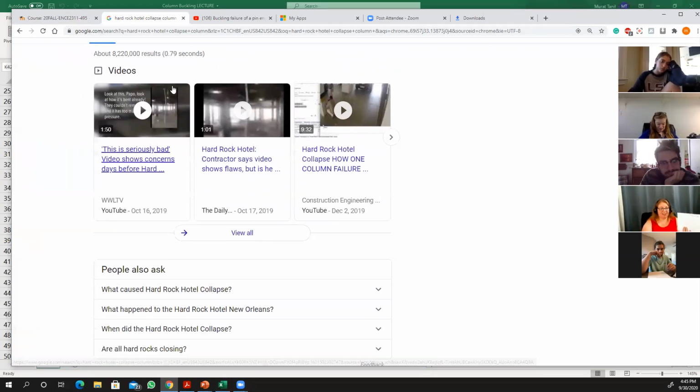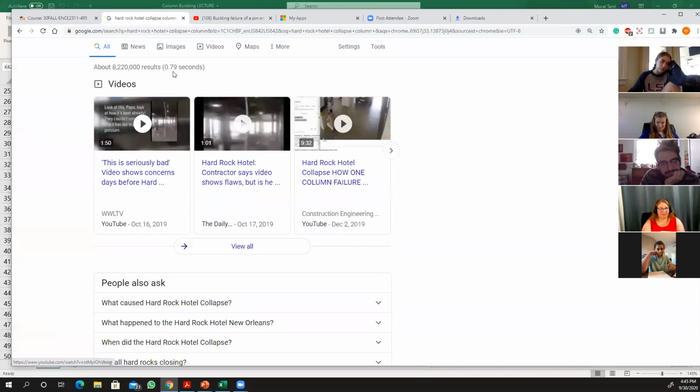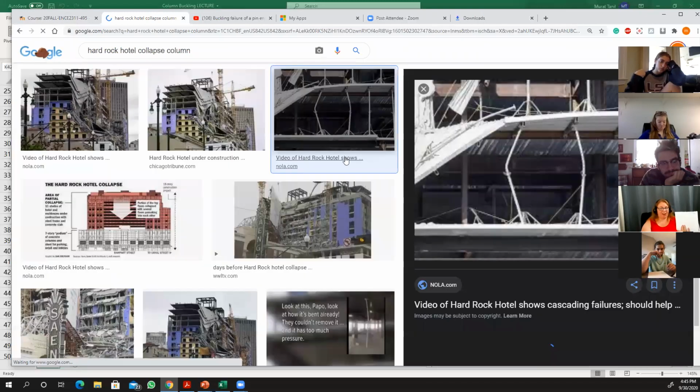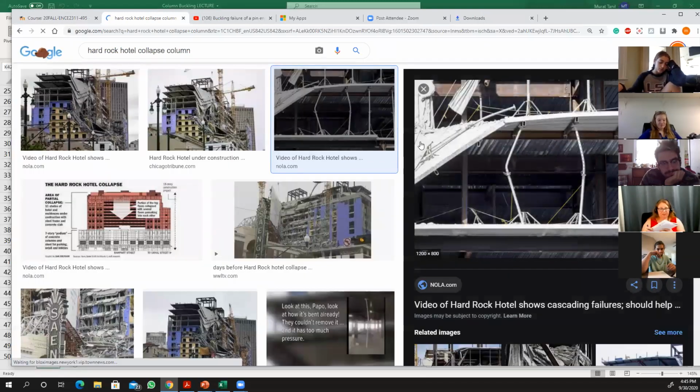They had the temporary supports, right? Let's look at the images. They had them, but they didn't have enough of them. Okay, look at this. What do you see? This is buckled, right? What did I tell you, Tim? If your column is this way, you already failed. And let's say you are the engineer. If I were you, I would take the first flight out of New Orleans, go to Europe, find a good place to live, because it's going to be a multi-million-dollar lawsuit.